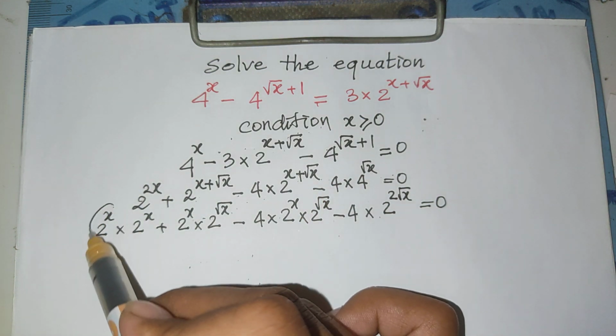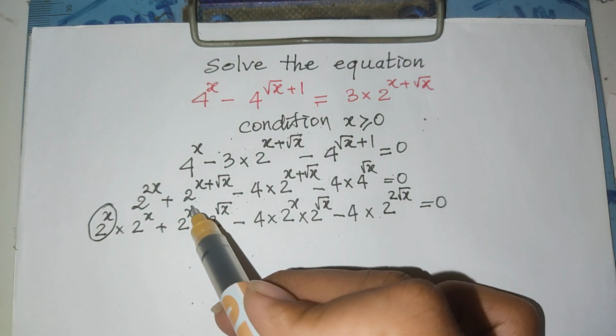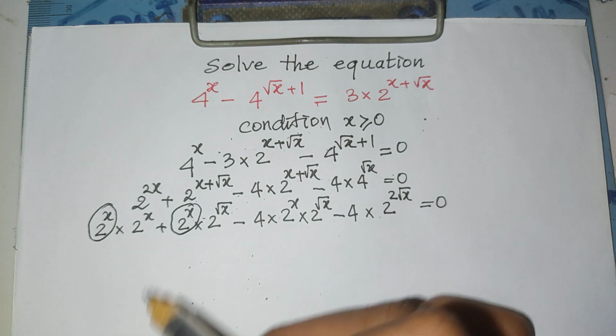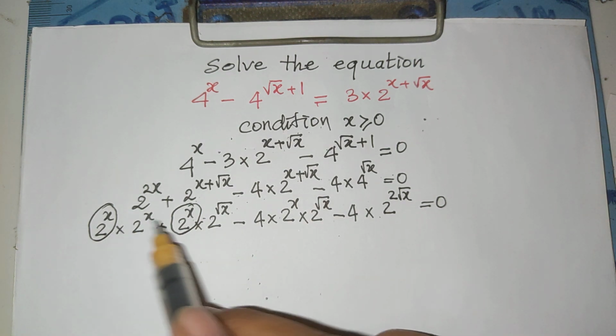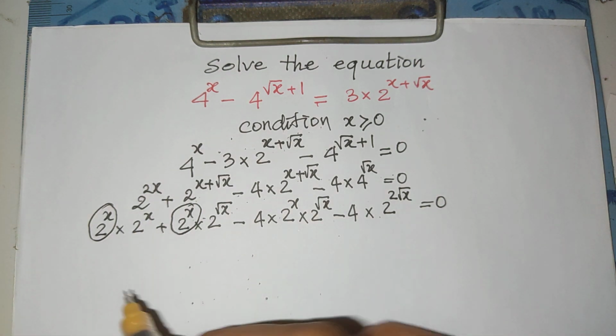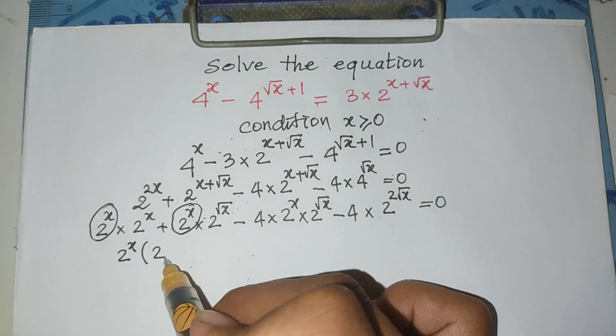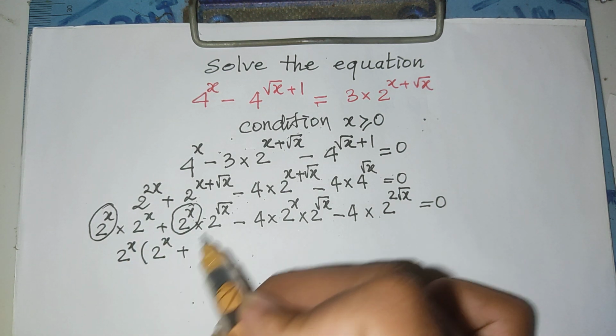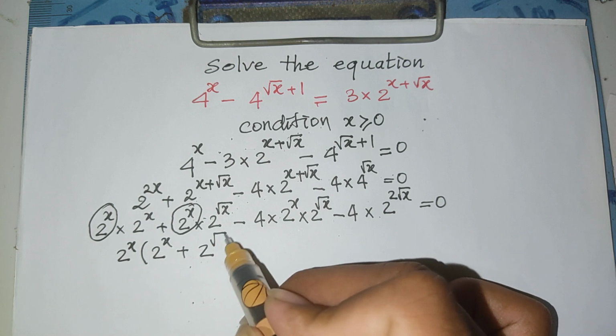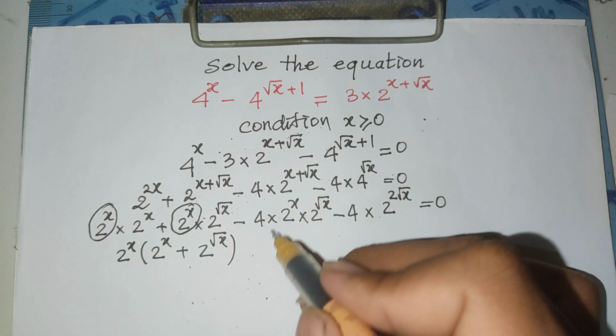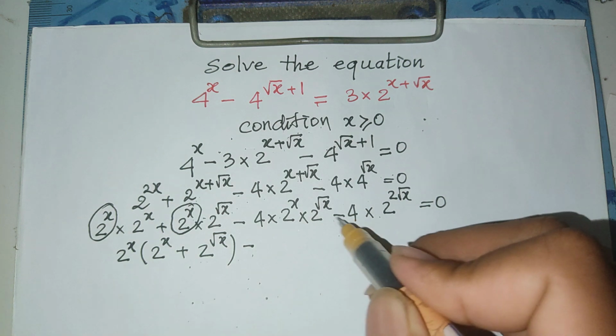And for this, we see this 2^x and this also 2^x. So now I take 2^x out as a common factor. So we get 2^x multiplied by 2^x plus 2^√x. And for this minus, we take 4 out.